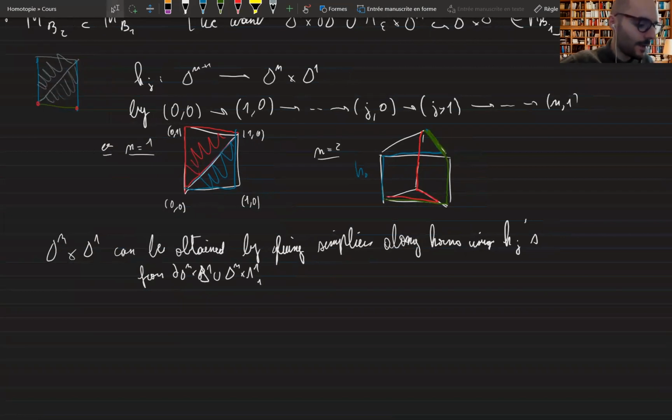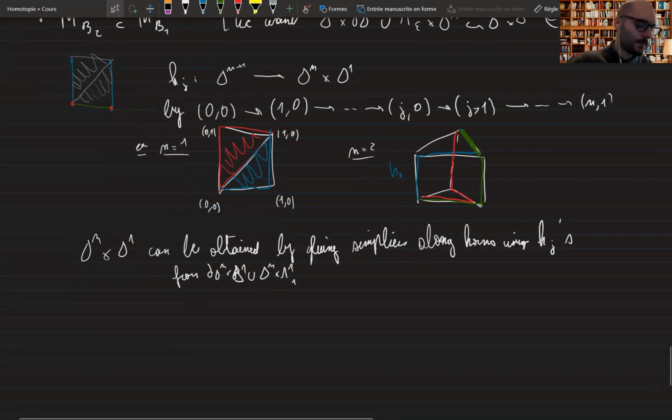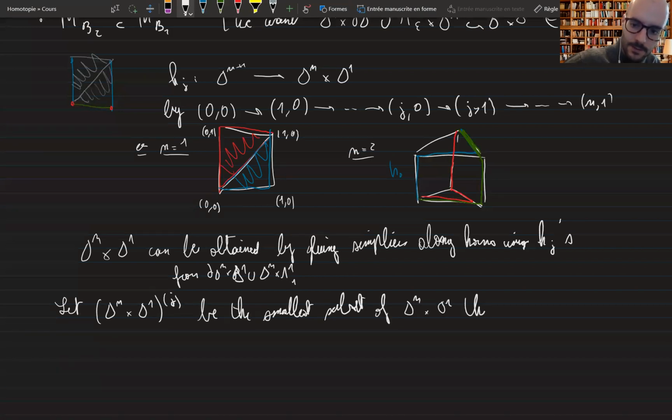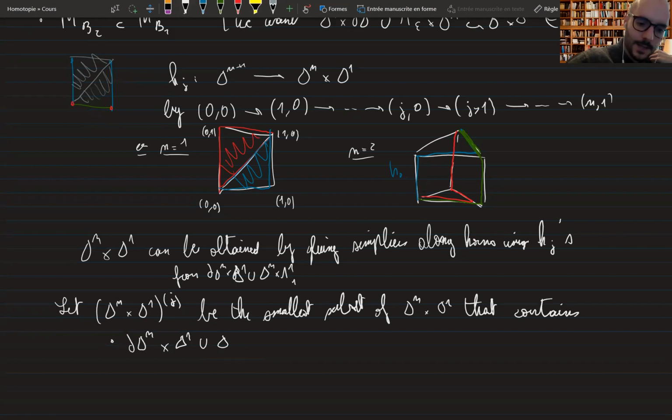it's a bit annoying to write, so let delta n cross delta 1 j be the smallest subset of delta n cross delta 1 that contains several things. First of all, it has to contain delta n cross delta 1 union delta n cross lambda 1, 1, and H0, and so on, up to Hj.